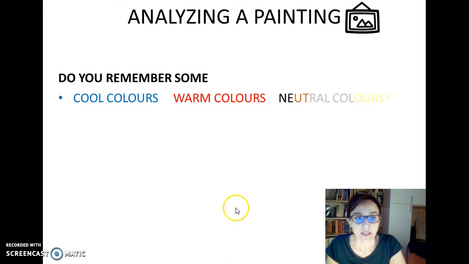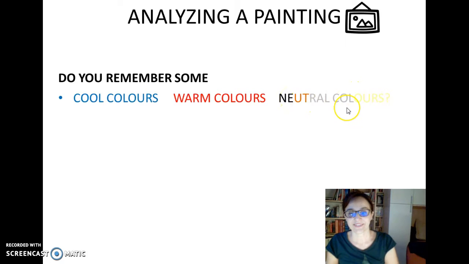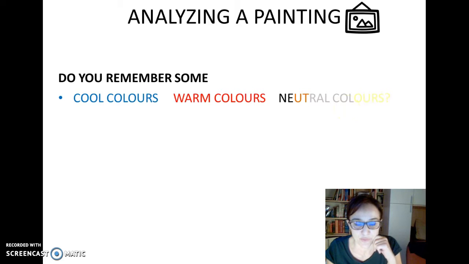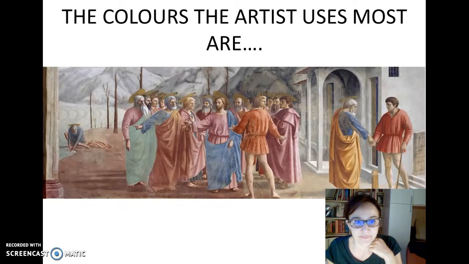Then, do you remember some cool colors and some warm colors or some neutral colors? Okay, try to remember what you have just seen. For example, let's have a look at this painting.